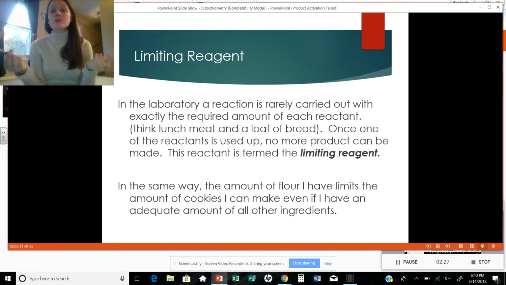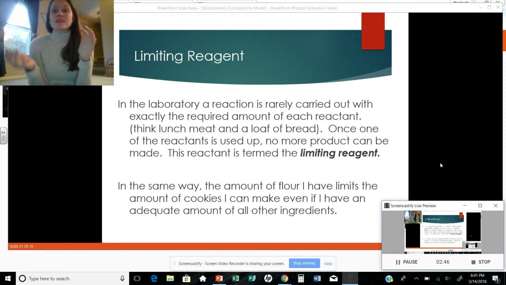In a chemical reaction, the same kind of idea can be applied. When 2 reactants react, one of those reactants will limit how much product you will get.